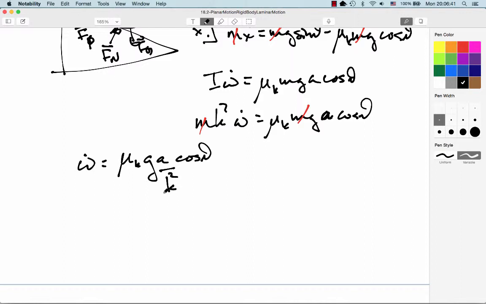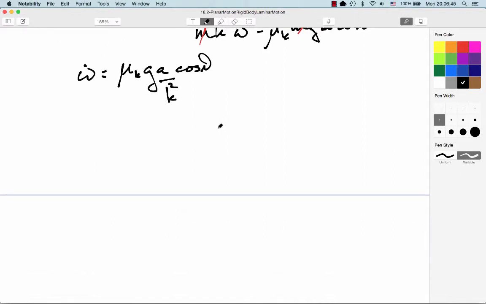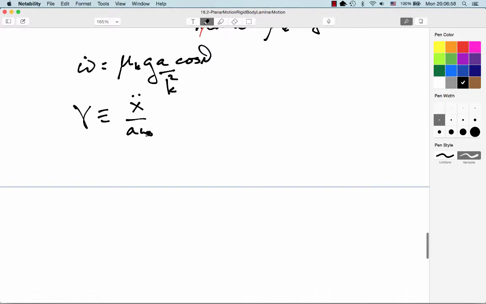Alright, now here we can relate our x double dot and our omega dot. We can't do it as cleanly as we did before, so I'll just define gamma to be the ratio of x double dot to a omega dot, because that's as best as we can do. And we can get an expression for it.